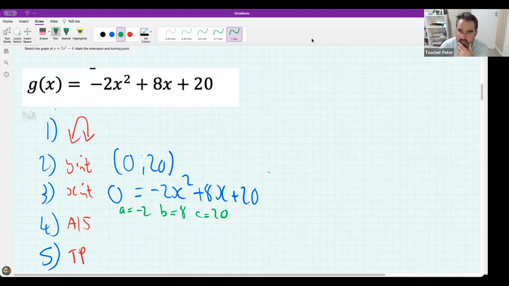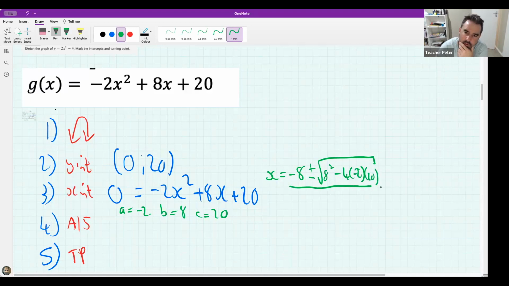Okay, so what are you guys getting for your x-intercepts? I think it's going to be a bit of a messy one, because that's 8, that's 160, that's 224.